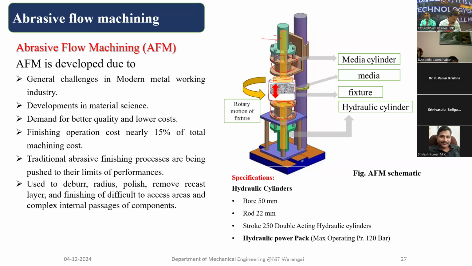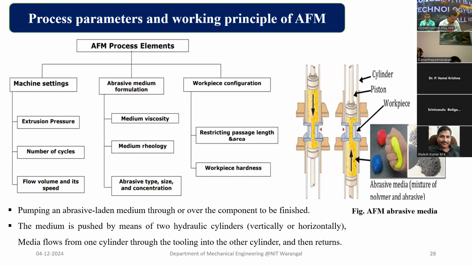The media will be there and will move over the surface, so what will happen is the flow, abrasive flow, you can see the word. The same abrasive media will flow over the workpiece, so then we can get the finishing. I will show you more details. So this is the one media.